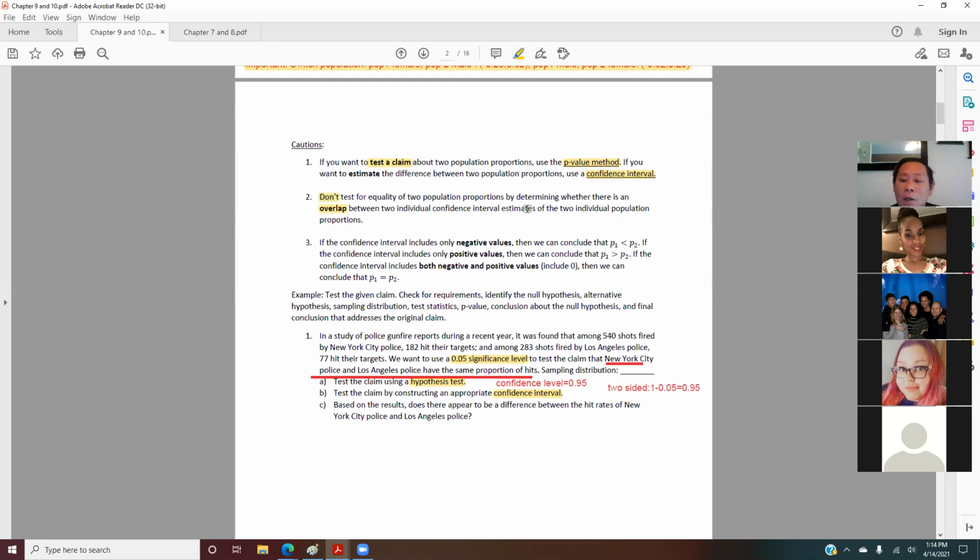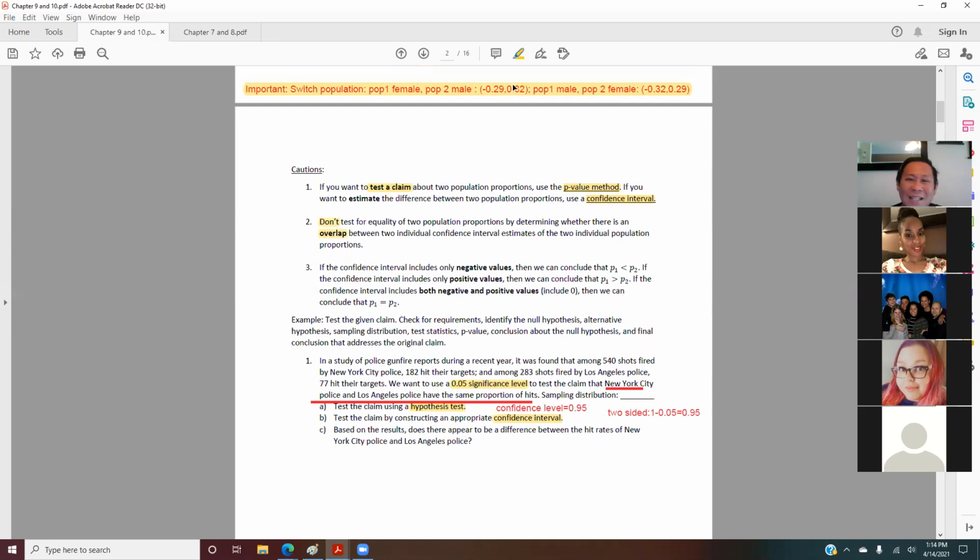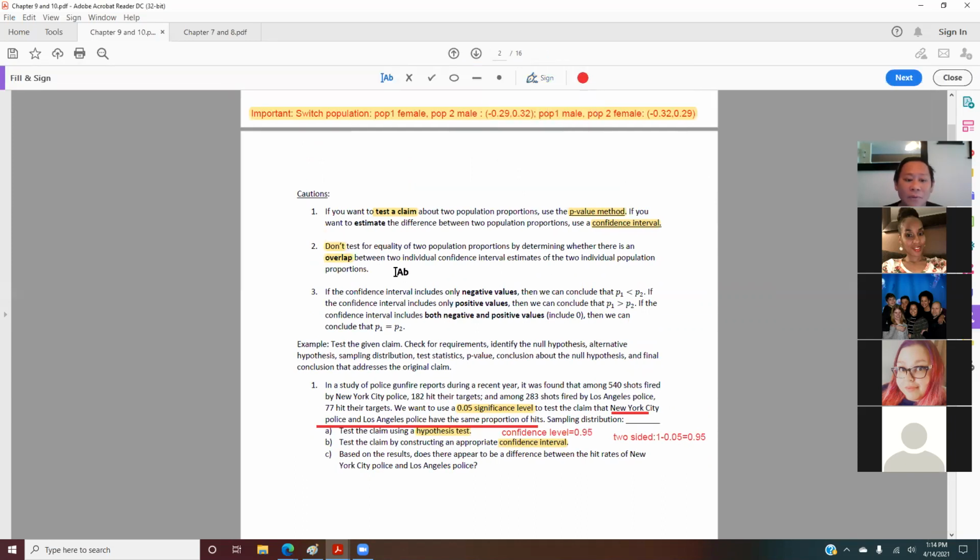The reason is that if you're doing a 95% interval twice, your confidence is no longer 95%. It's 95% times 95%, which is less than 95%, almost 0.9025.